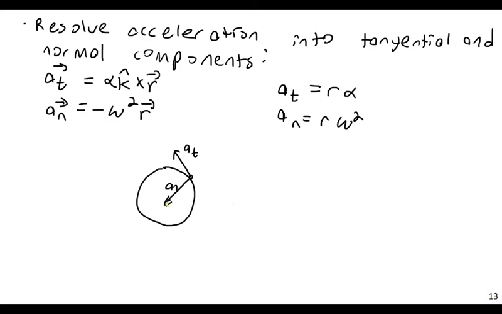Well, if you remember, it points from the origin to the point. So the normal is going to be in the opposite direction. It's not going to be equal and opposite, we're not talking forces here, but it is going to be pointing in the opposite direction of your radial vector.